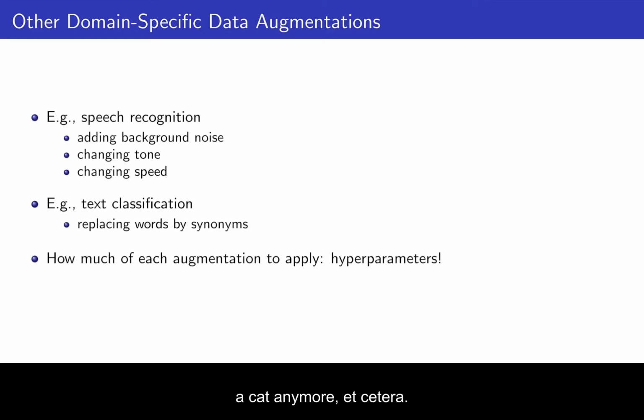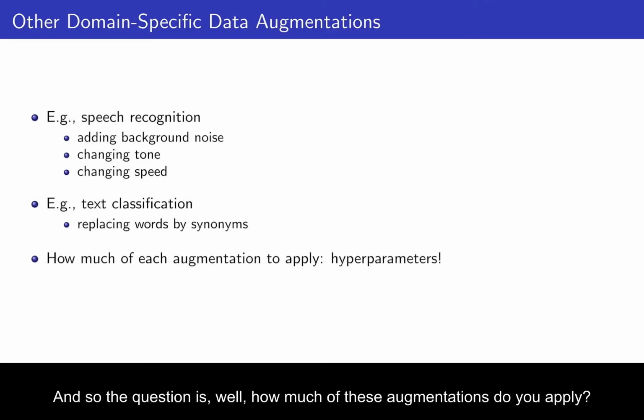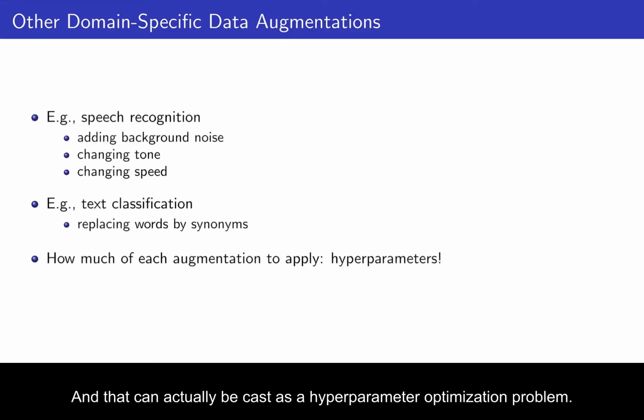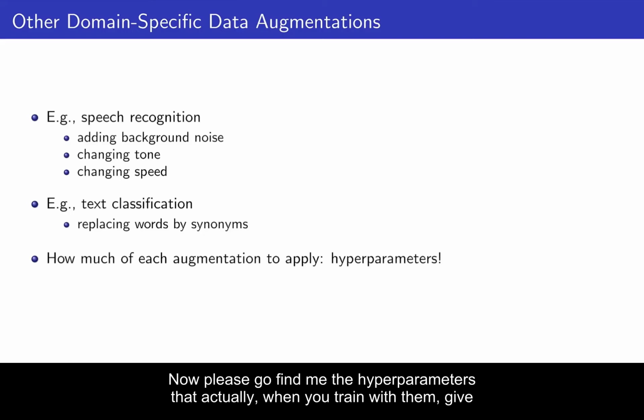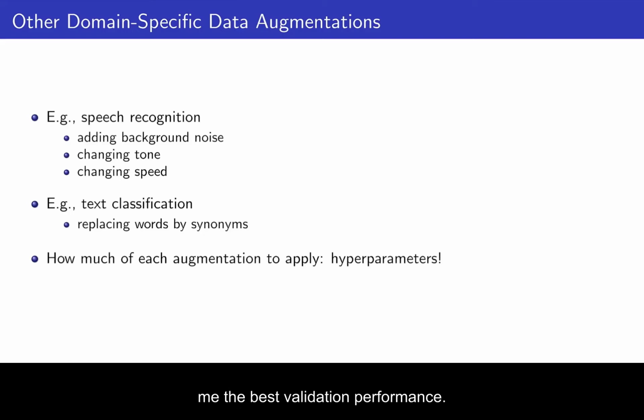And so the question is, how much of these augmentations do you apply? And that can actually be cast as a hyperparameter optimization problem. So you simply say, these are my possible augmentations. Now please go find me the hyperparameters that, when you train with them, give me the best validation performance.